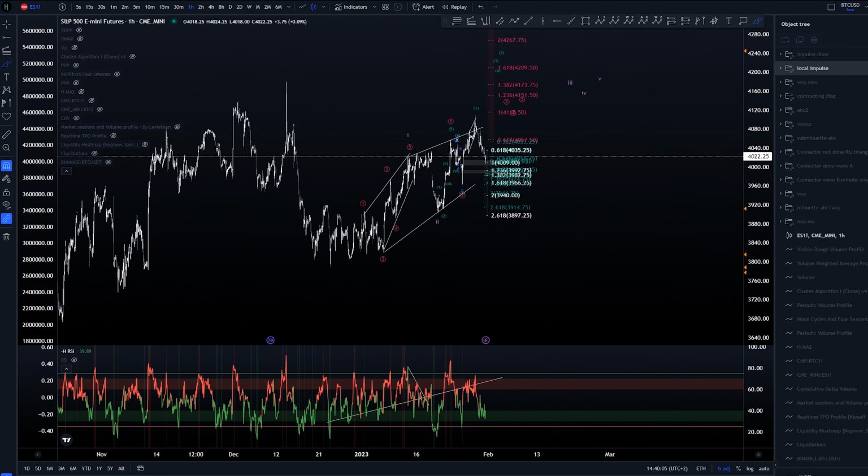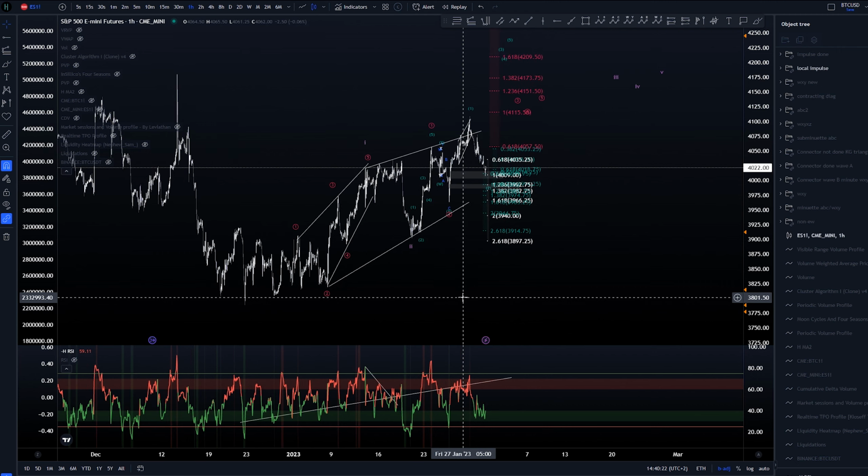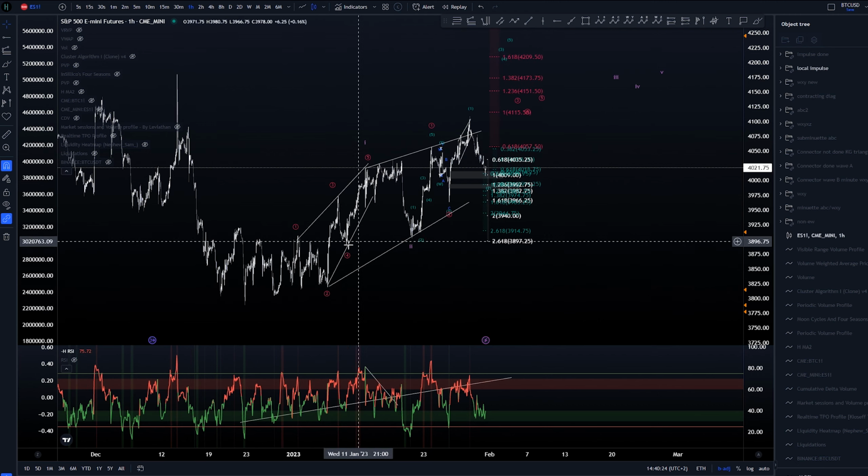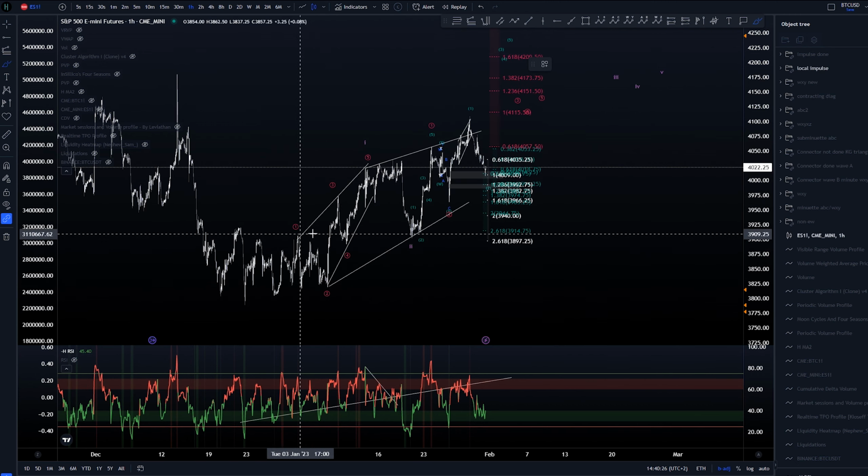Then the other option where this was the defining structure coming down as an expanded flat, and we would be starting a continuation of previous trend, which was up from these lows here. So there is a chance that this is more of a motive structure, but again, it is very overlapping.